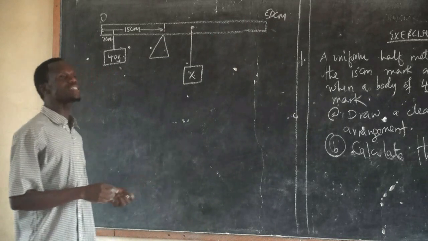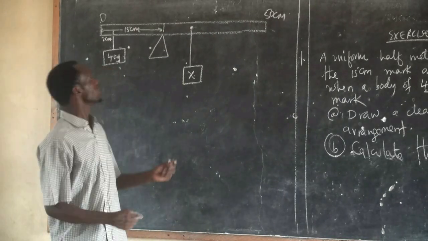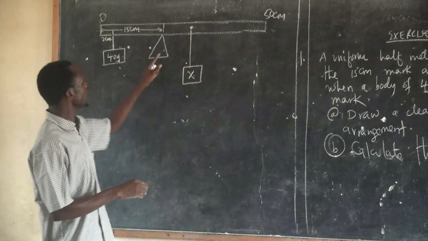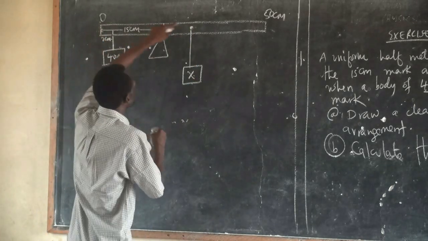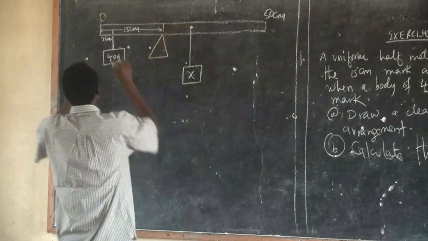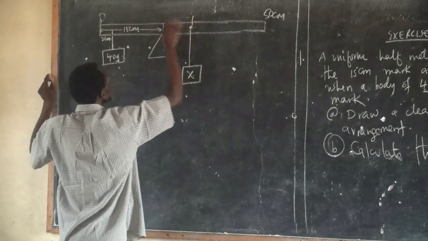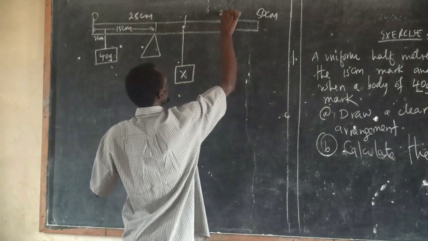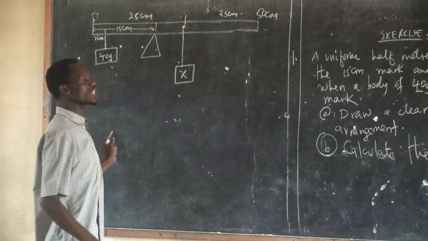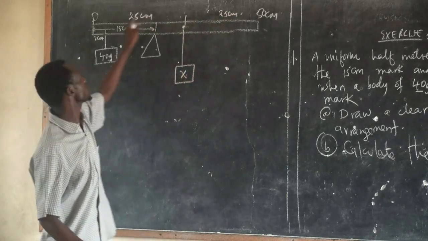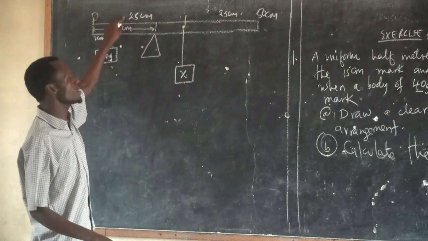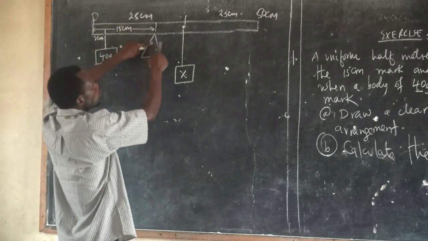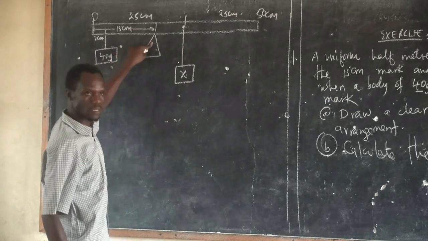The distance that we always deal with is the distance from the axis of rotation to where the mass of the body is placed.